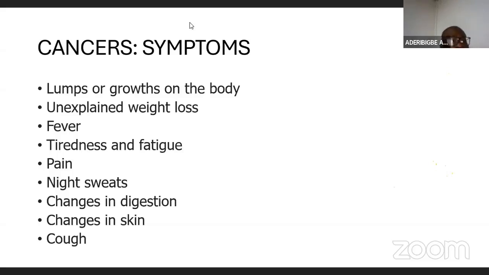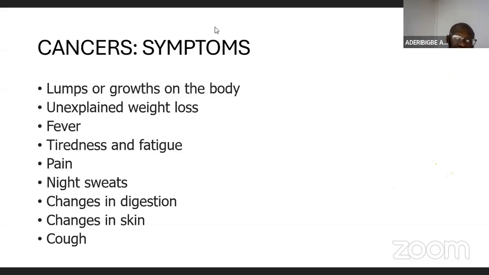And one of the most important things people should realize, on all these symptoms I put down, is that pain is number 5. Usually people expect that since cancer is such a terrible thing, it must be very painful. No, it is not. For instance, if a woman comes with a painful breast lump, it is not likely to be a cancer, especially if it's not very advanced.